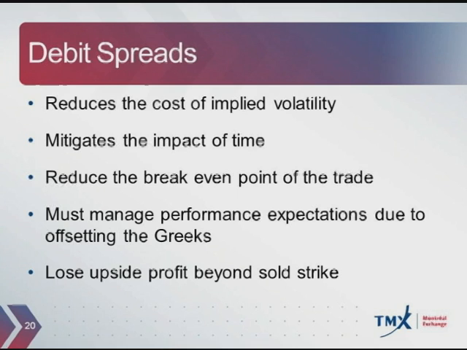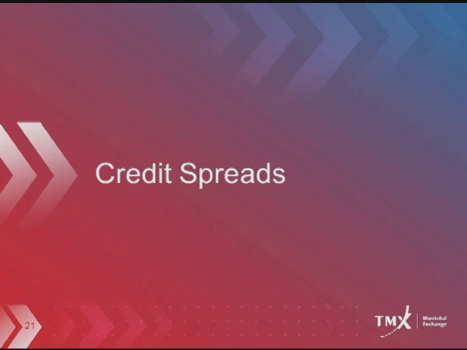And if you think the stock's going to move unlimitedly higher, just simply buy the option contract. Now we're going to change speeds a little bit here and take a look at credit spreads.